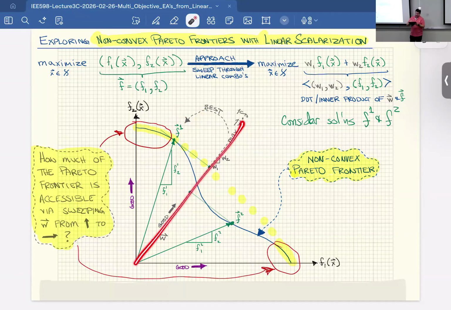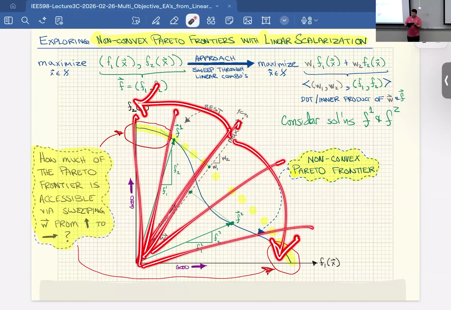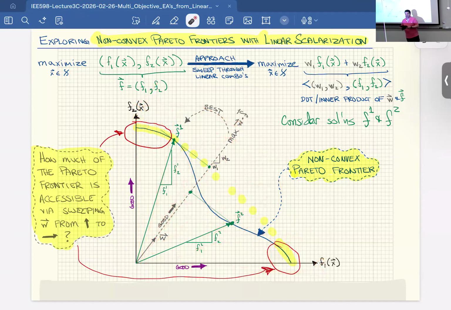The approach is to take this dashed line and sweep it all the way this way and all the way this way. For every one of those W axes, those trade-off axes, we solve this projection problem. If you do that across all of those, you will only ever find these points and these points. You'll never find these points. Does that make sense?